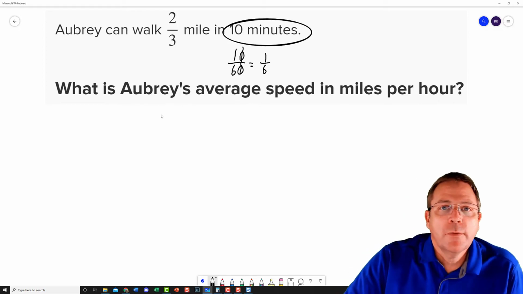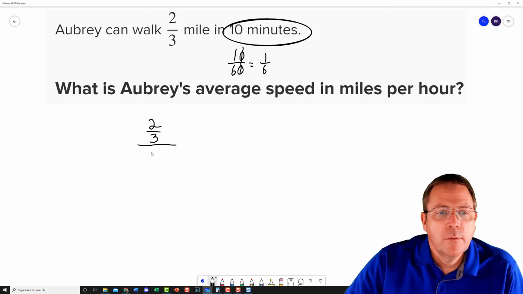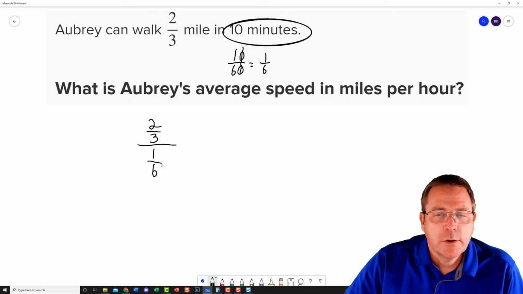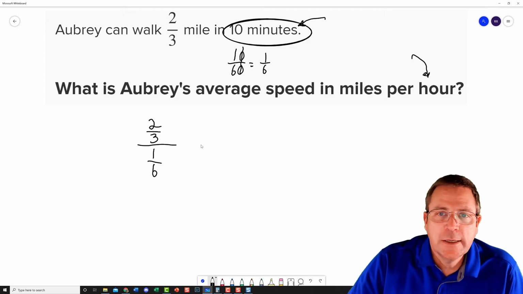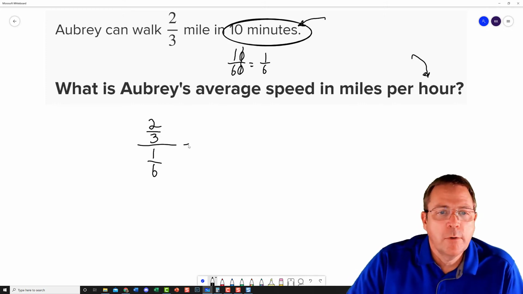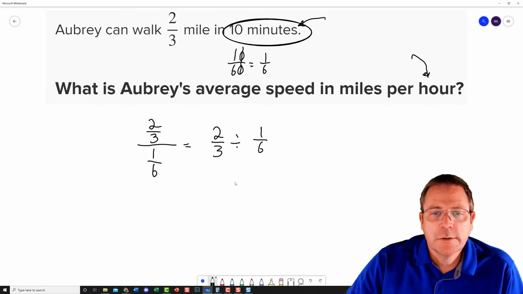First thing to look at though is how we're going to set up our original problem. So we have 2/3 of a mile in 1/6 of an hour. Now something to be noted is we have gone from minutes to hours, and that's going to give us our speed in miles per hour. We can rewrite that as 2 over 3 divided by 1 over 6.